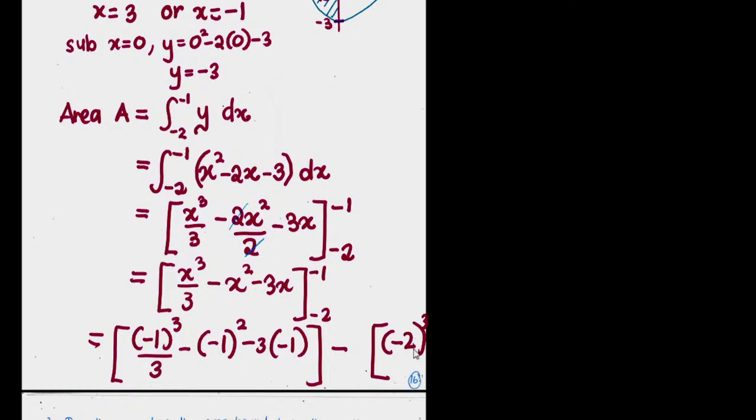Negative 2 power 3 over 3 minus negative 2 square minus 3 negative 2. Close bracket. You all quickly key in. If you have the answer, you can write in the chat session.